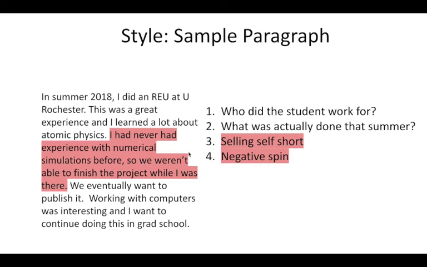I had a summer where I never had experience with numerical simulations, where we also didn't finish our project. But don't use the ink in your paragraph to mention it in a way that might strike a tone of apology. This fact, never had experience before, is offered with a comma, so we weren't able to finish the project. So it's mentioned as a justification as to why the project wasn't able to be finished. There's no need to talk about it like that.